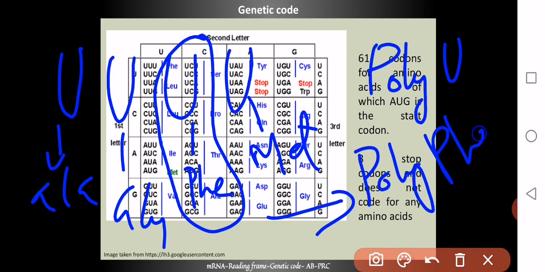That means poly-U codes for a polyphenylalanine chain. By that they reached the conclusion that the UUU sequence, or a poly-U sequence, codes only for phenylalanine. And already George Gamow had stated that it's a triplet codon.